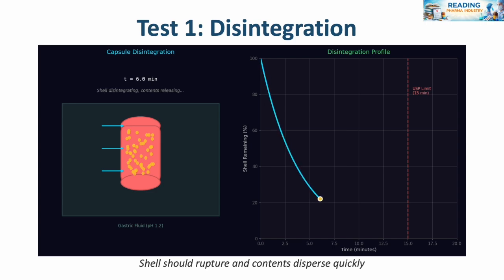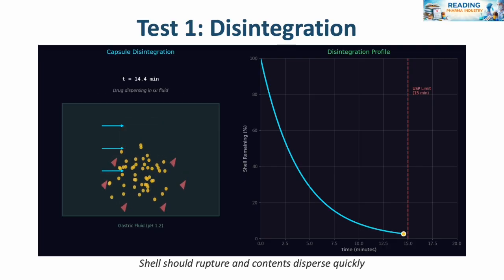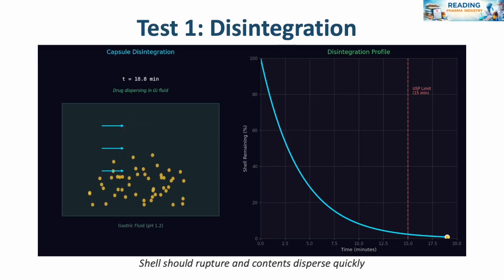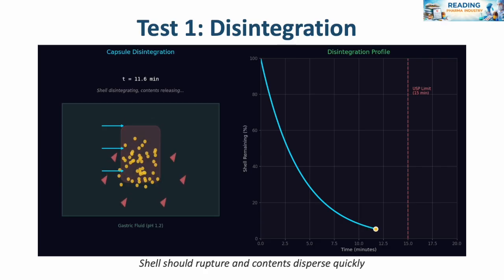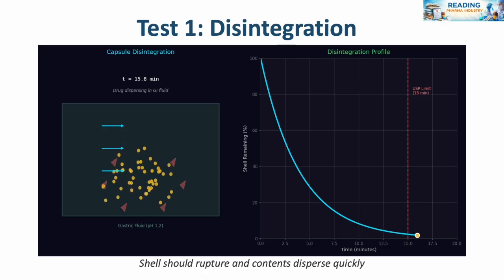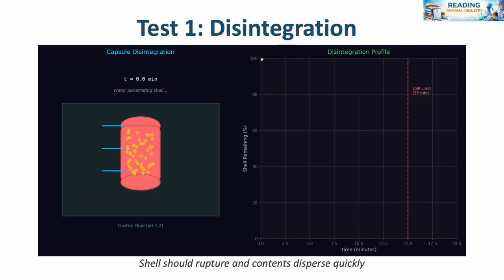Among the different dependent variables that can be used to assess the quality of capsules is the disintegration of the capsule shell. Although in capsules it is not as common as in tablets to assess disintegration, and the reason is that it is more or less similar.